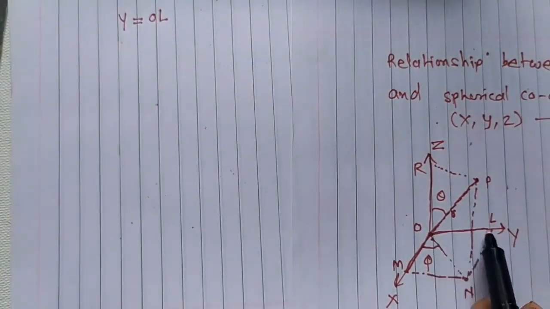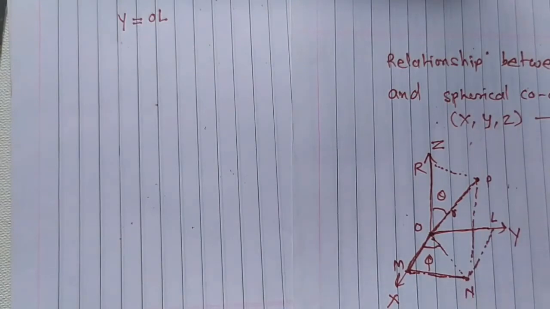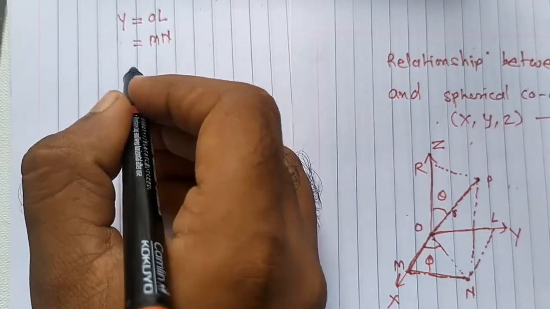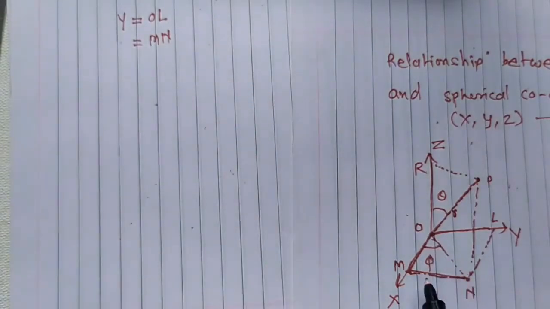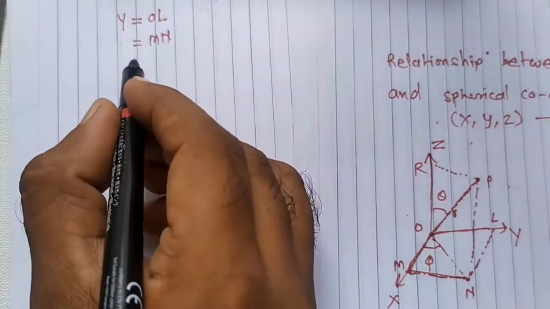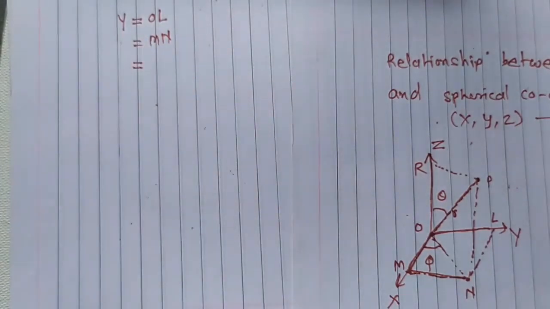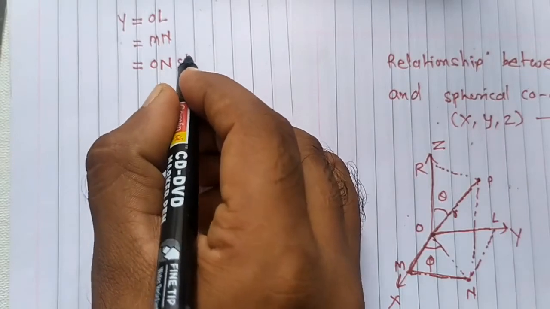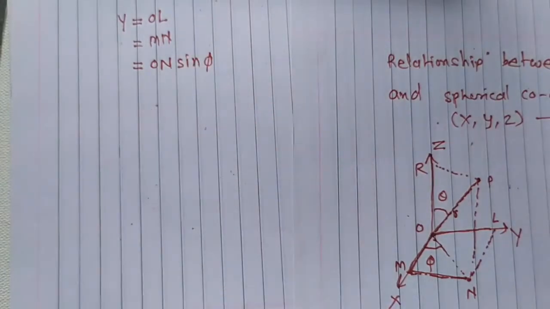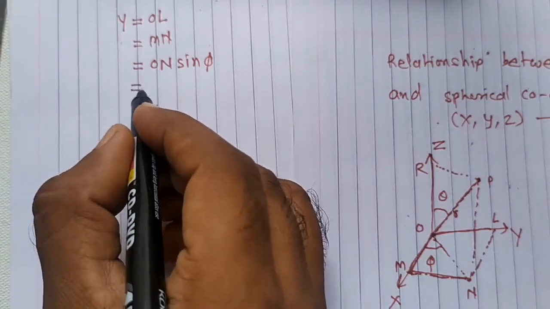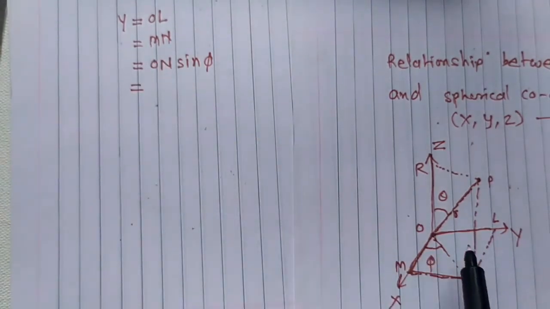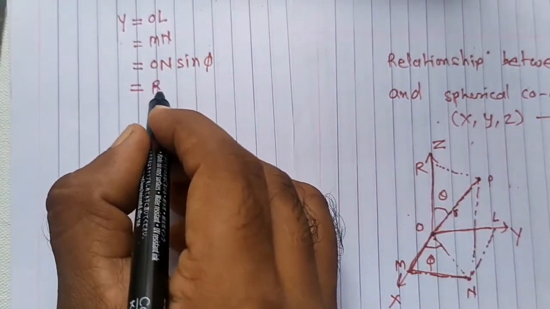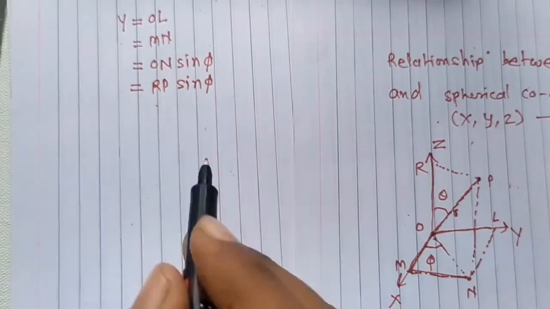Again OL and MN are the same, so I can write MN. In triangle OMN, MN is ON sine of phi. ON is parallel to RP and has the same length, so I can replace it by RP sine of phi.